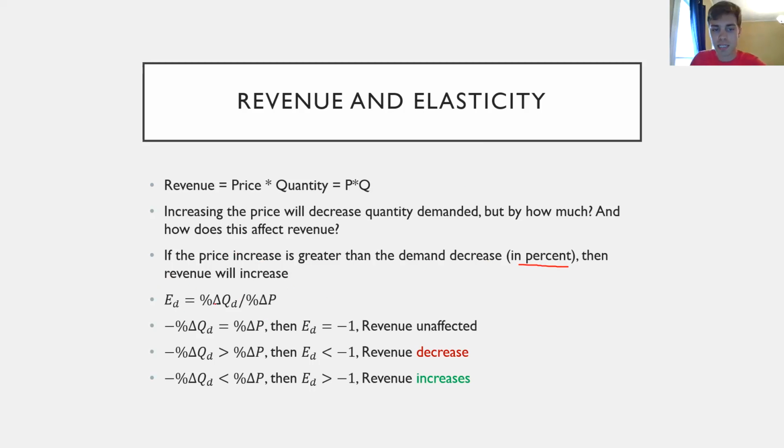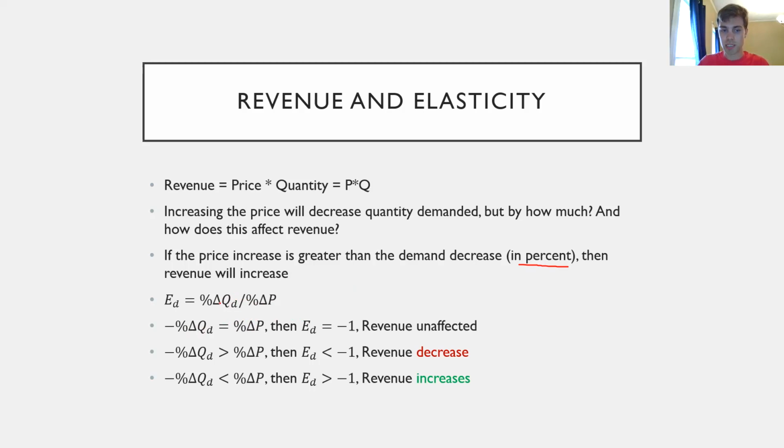Okay, so remember, elasticity of demand, again, is just percent change in quantity demanded over percent change in price. So we can use this formula to see how each elasticity affects our revenue, basically. If our percentage change in quantity demanded in absolute value is equal to our percent change in price, this means that elasticity of demand is going to be -1.